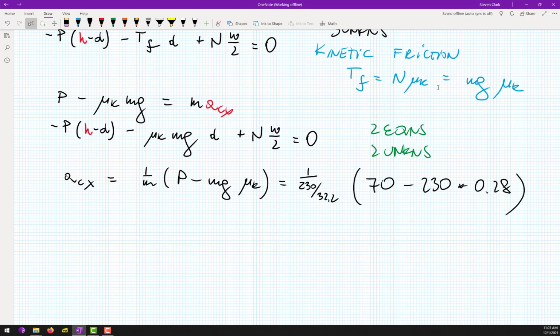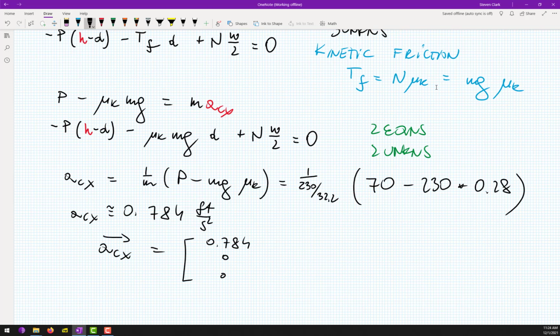If you grab your calculator, you will end up with acx equal to approximately 0.784 feet per second square. And we obtained a positive value, so that means that our acx vector is equal to 0.784 feet per second square.